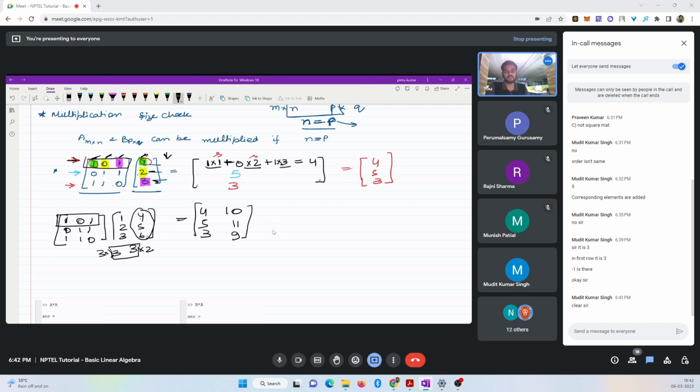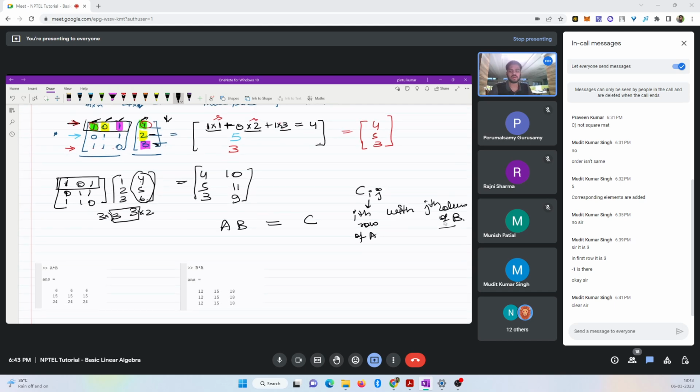So let's say our AB is equal to C, then to get Cij, we multiply the ith row of A with the jth column of B. By multiplication over here, I mean that we are multiplying the first element with the first and then summing it with the second with the second, not in the matrix multiplication sense of multiplication. Then also it would be correct, but this is what I need.